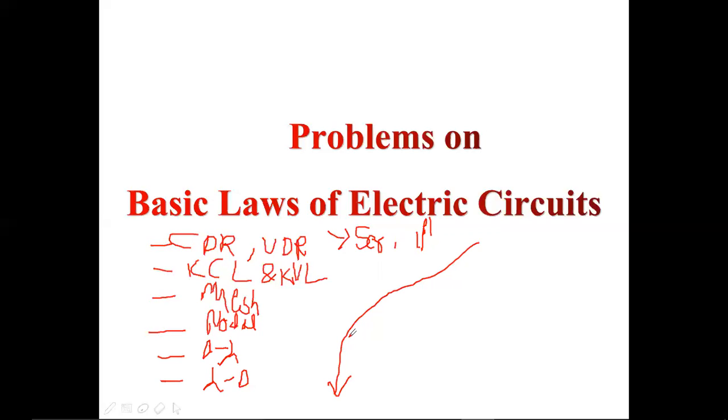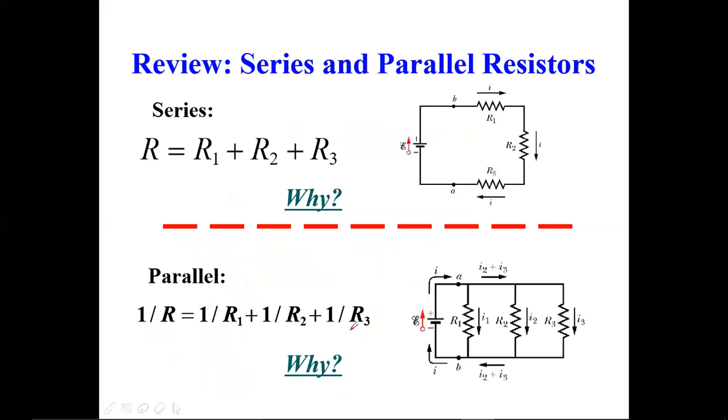Now based on these rules and these laws, we are going to apply them in various circuits. Let's go to the next slide. Here let me review series and parallel resistors. These are the series resistors: R is equal to R1 plus R2 plus R3. This is series and this is parallel. Why is this series and why is this parallel? Because here the current is common.